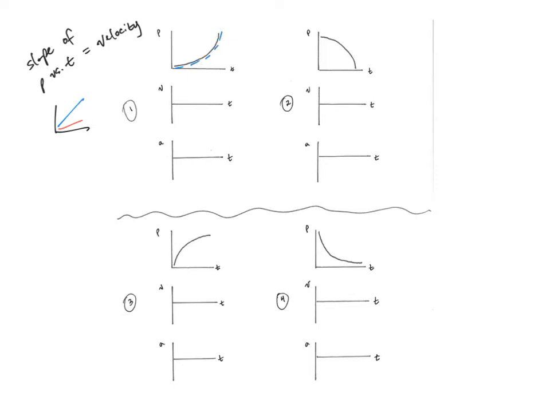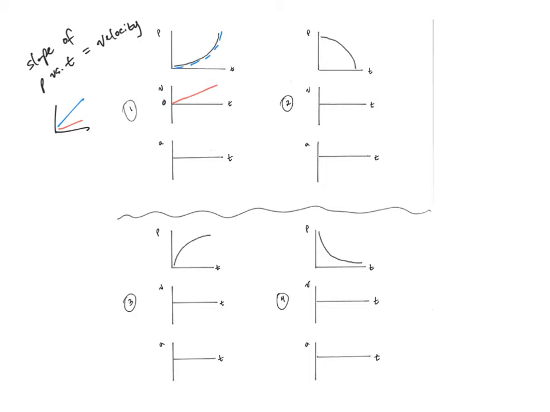So on a velocity versus time graph, where your x-axis is 0, we would start at 0 and show a line that goes like this. This line is showing us that this object is steadily increasing its velocity, meaning that it has acceleration.